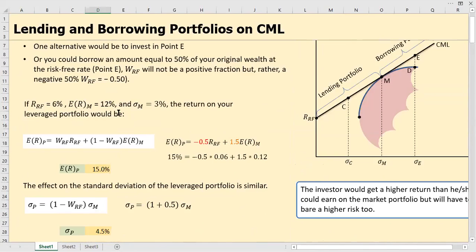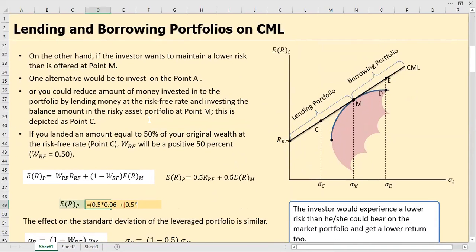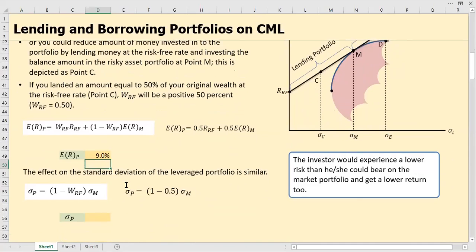The market return is given as 12%. So I am going to add 0.12. So you get a return of 9%. Return of 9%. So let me calculate the standard deviation also.